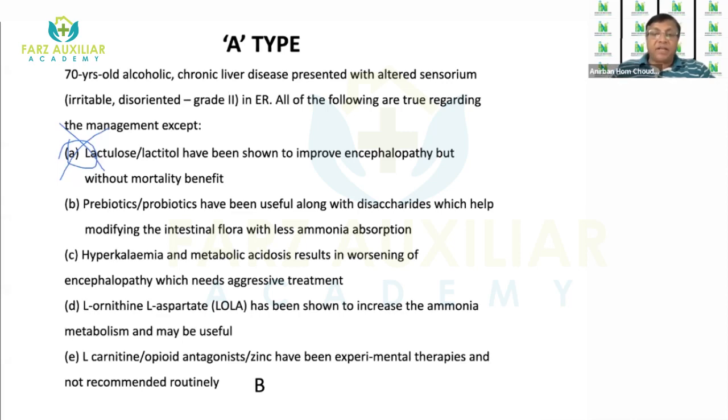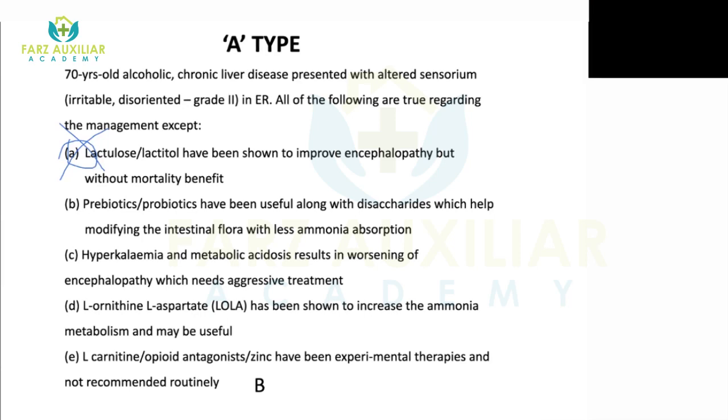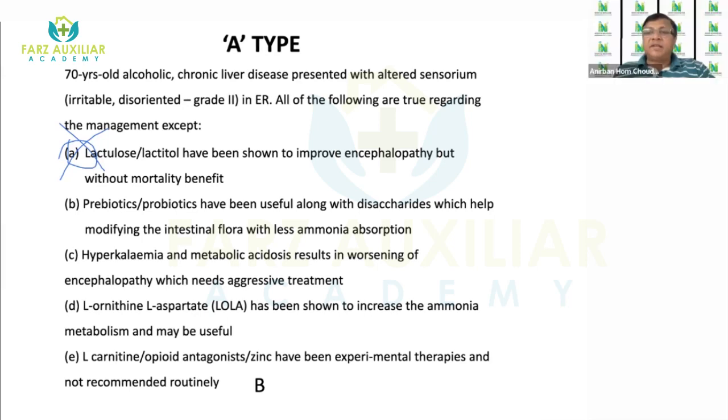This is not a correct choice. So whenever you encounter questions of this kind, try to figure out which are the definitely correct answers, and then it will be easy for you to make out which among the rest is less likely to be correct.